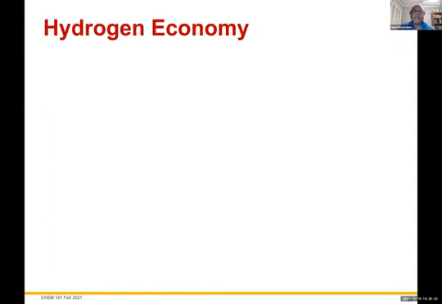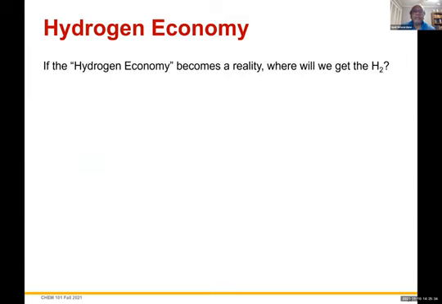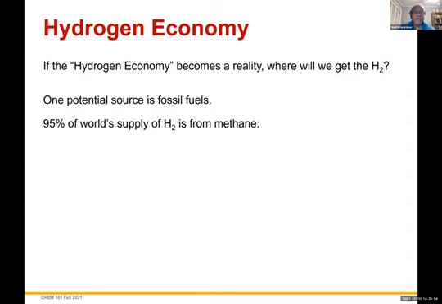Hydrogen is considered to be a major source of fuel in the future. Where will we get the hydrogen? There are two sources for hydrogen. One potential source is fossil fuel. So there goes, we're still using fossil fuels. 90% of the world supply of hydrogen comes from methane.